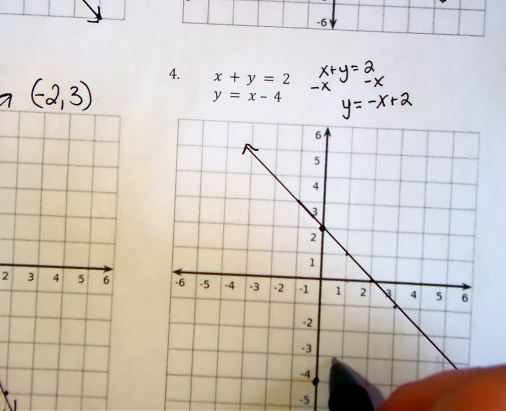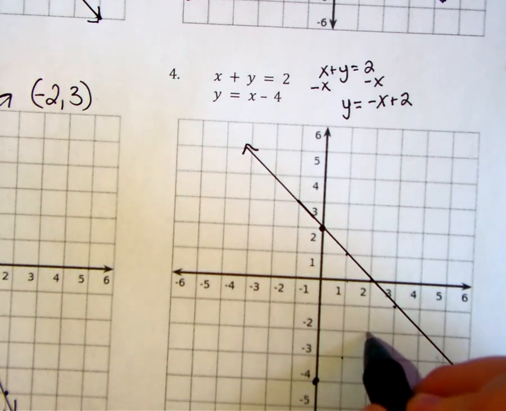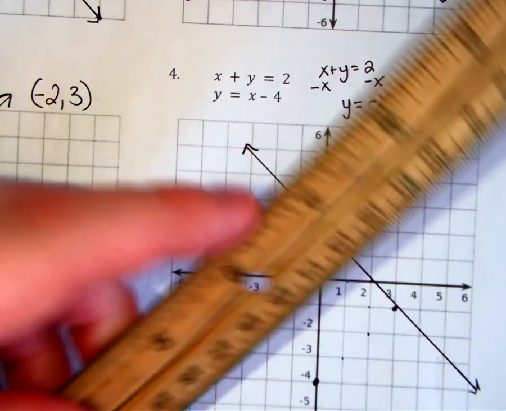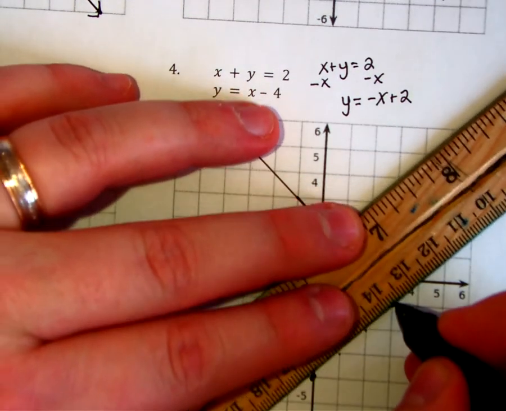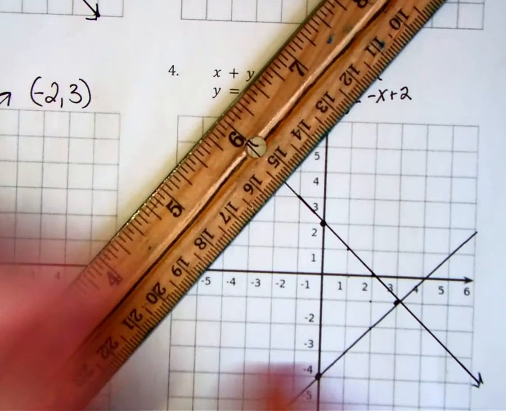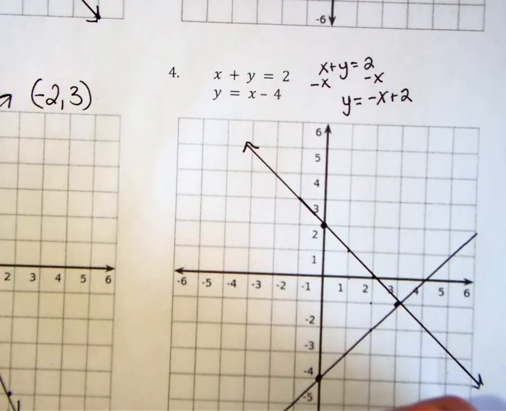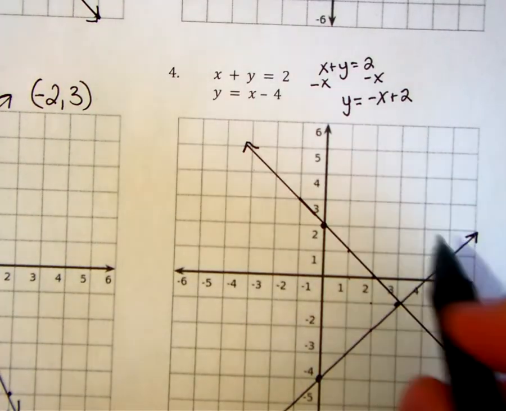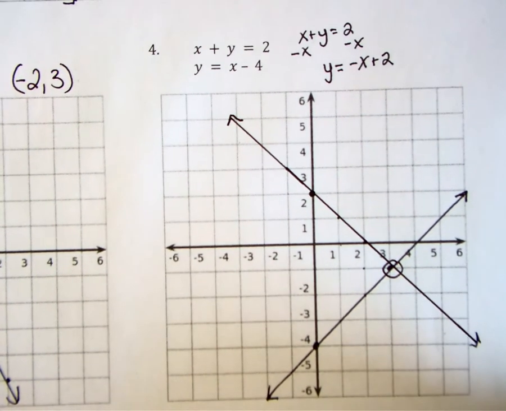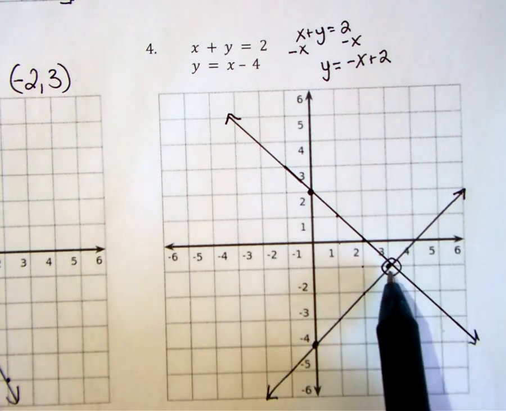So that will go up 1 over 1, up 1 over 1, up 1 over 1, and we can see our point of intersection is going to be over 3 down 1.